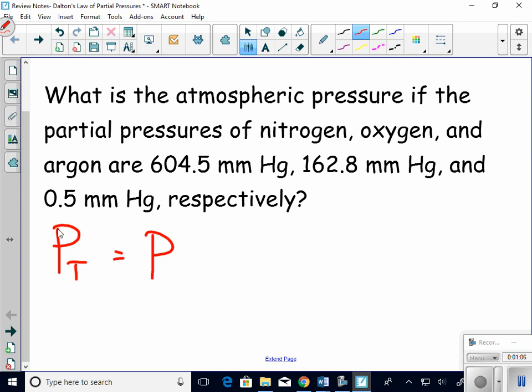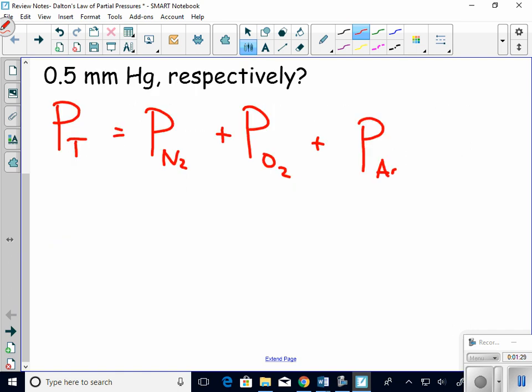We have the partial pressure of nitrogen, partial pressure of oxygen, and the partial pressure of argon, right? So all I need to do is take those values and add them together.